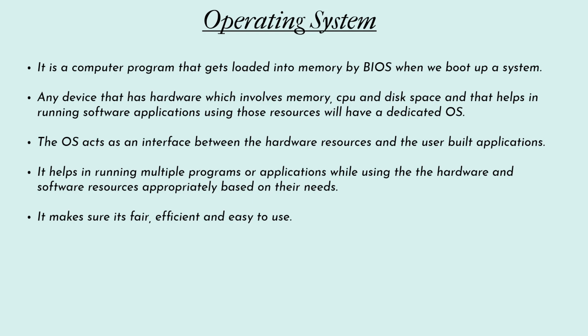So all of these require their own dedicated operating system to manage the hardware and the software. The operating system is like an interface between the hardware and the software. It helps in running multiple applications while using the hardware and software resources appropriately based on their needs. It makes sure that it's fair and efficient and also easy to use.